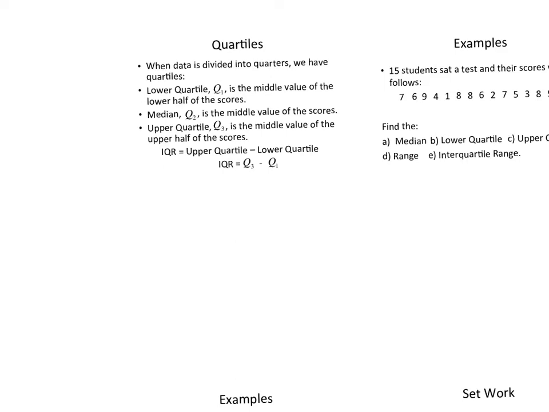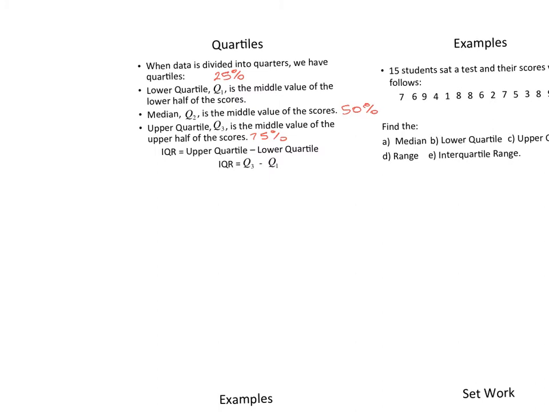And the upper quartile, Q3, is the middle value of the upper half of the scores. Otherwise known as the lower quartile and upper quartile, they're also known as the 25% mark and the 75% mark, whereas the median is the 50% mark in the middle.